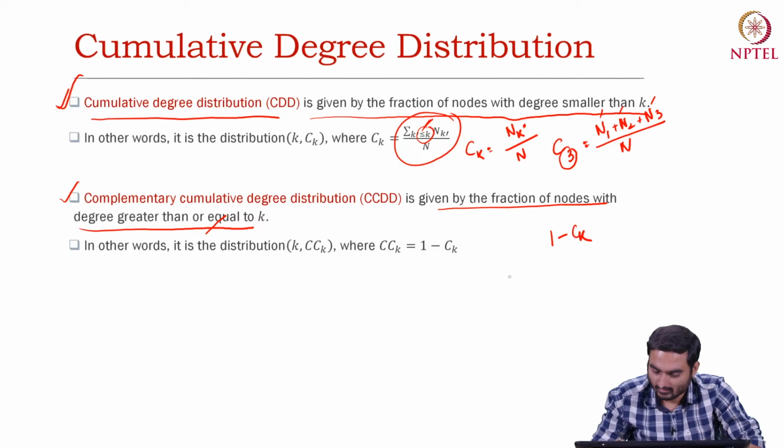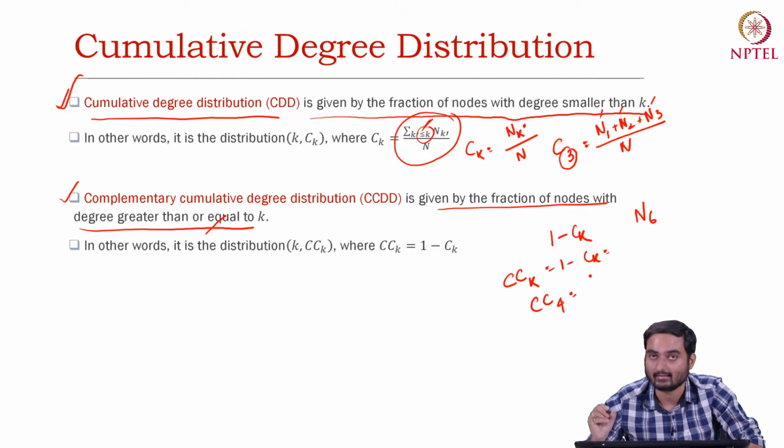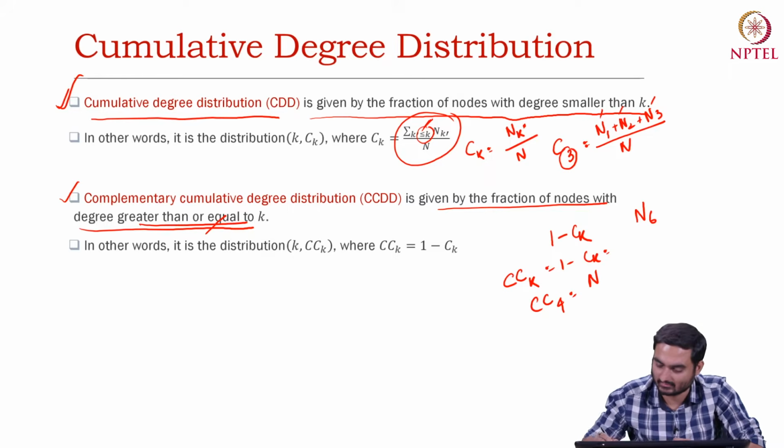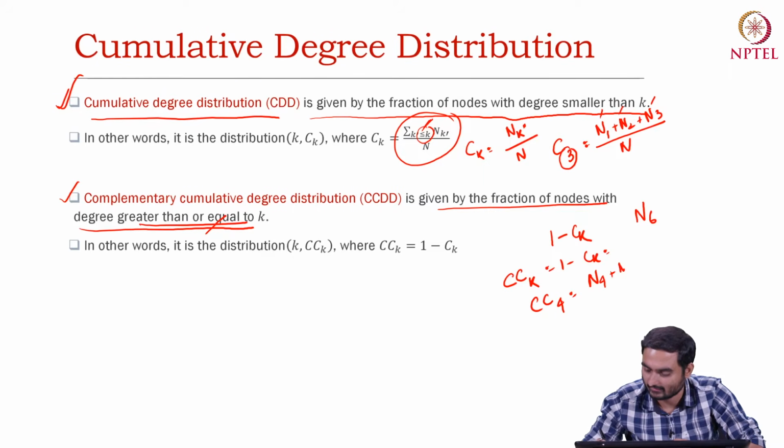So this complementary cumulative degree distribution is 1 minus Ck. Let us say CC4, and say the max degree of a node is 6. If we take greater than or equal to, then it would be N4 plus N5 plus N6 by N.